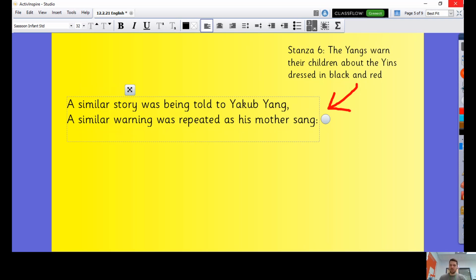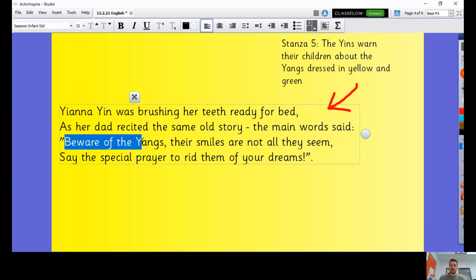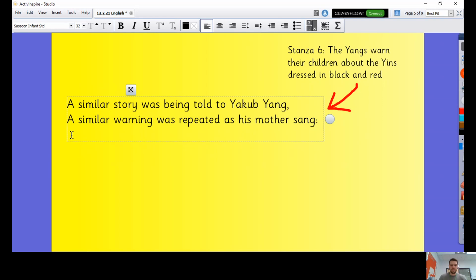And then I think what we should do is use repetition here. So let's keep this "Beware of the Yangs," and we'll change it to "Beware of the Yins.